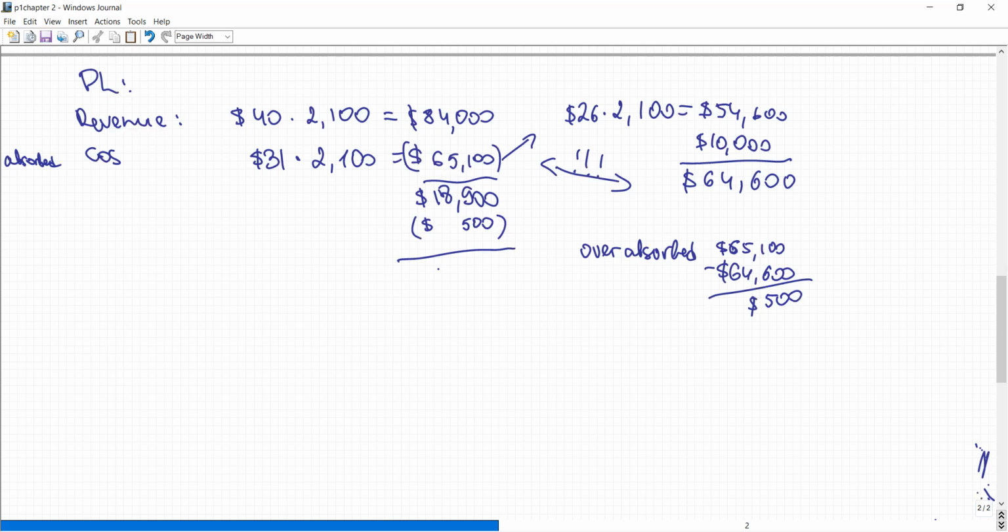And we need to subtract it from cost of sales, yeah, which means we need to add back to profit. So this means that our profit was supposed to be 19,400. Well, gross profit in this case. So overheads over absorbed.